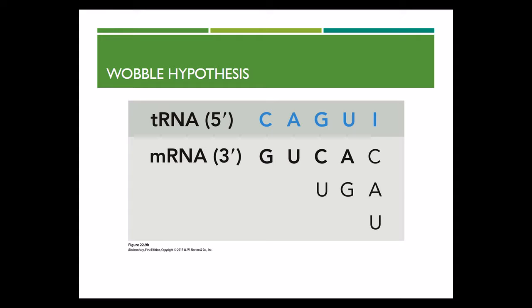In the wobble hypothesis, the first two bases of the codon pair will always come together in the standard fashion, and their recognition is precise. This means that the codons that differ in either of their first two bases must be recognized by different transfer RNAs.